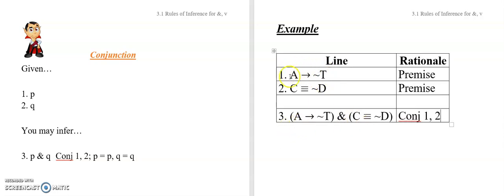You're just taking this whole thing as P and this whole thing as Q, and combining them using the rule conj on 1 and 2. Once again, the value of P is this whole thing, and the value of Q is this whole thing. I'm trying to show you that we start building up to more complex things, and you can see more complex applications of the various rules.